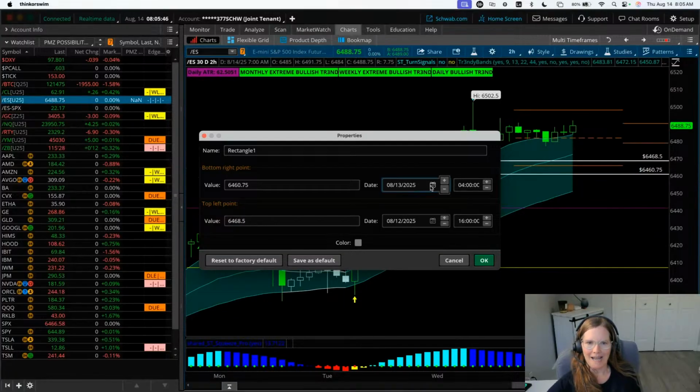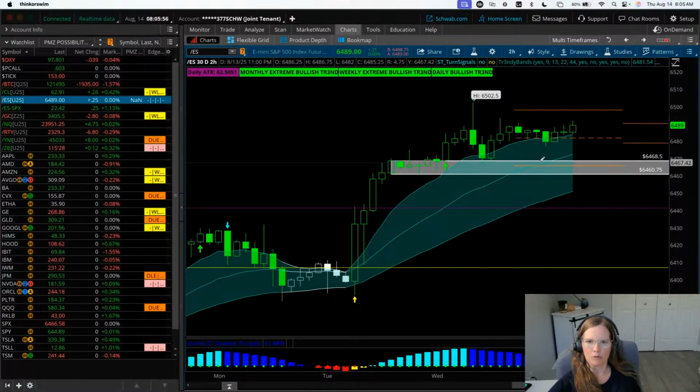So for now, I am not going to make this zone green, which normally on my charts I would have a green zone and a red zone. I'm going to leave this one gray just because it has been tested, and on a larger pullback, price could break below this zone.